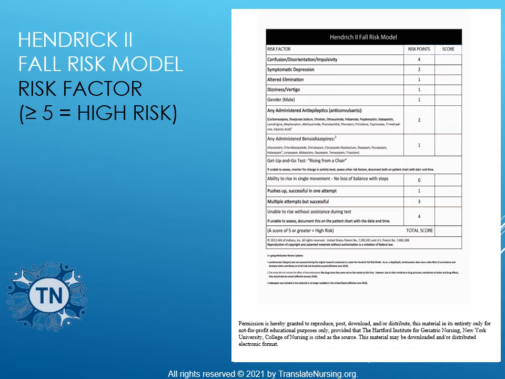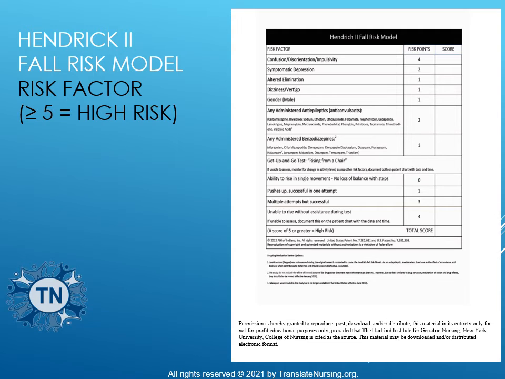This tool is also looking at specific medications such as anticoagulants and benzodiazepines. So if the patient is using one of those, they will be included in this test as well. The other two tests that I discussed previously, get up and go, as well as chair stand, are used here as potential points to evaluate patients at risk.